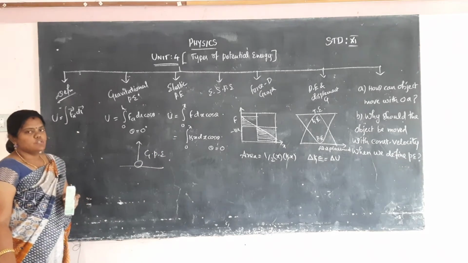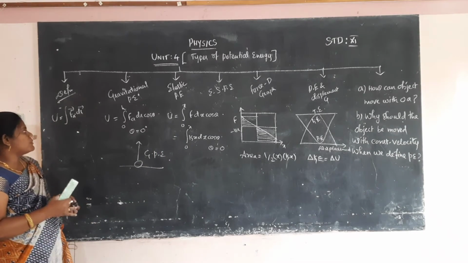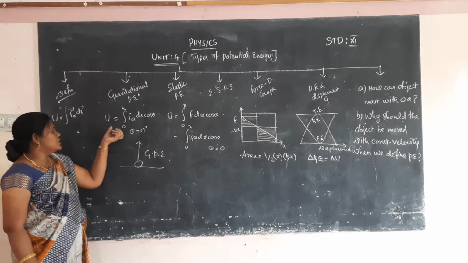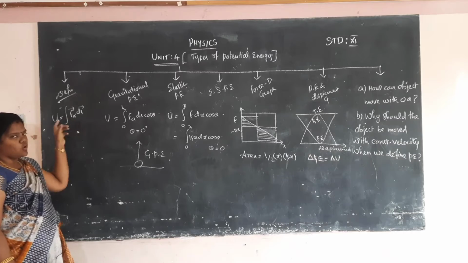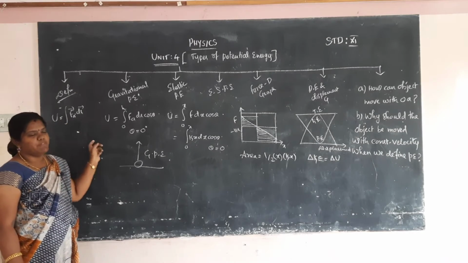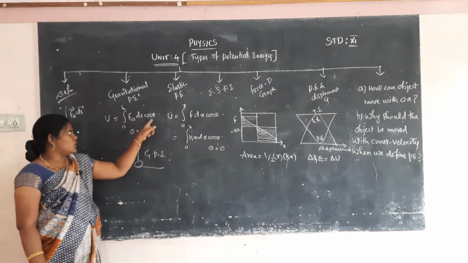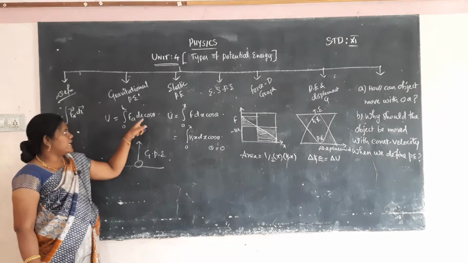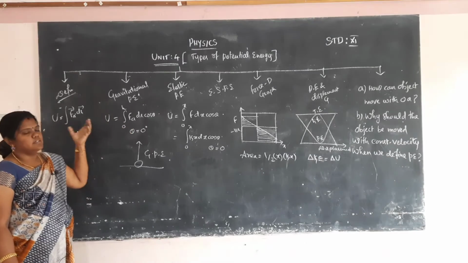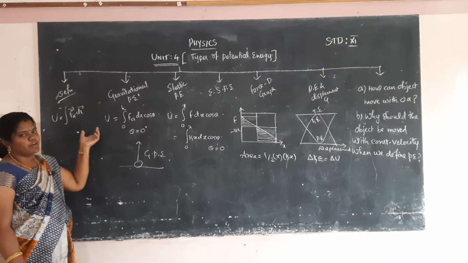The gravitational potential energy formula is also the same: integral of F dot dr, where a vector dot b vector is equal to ab cos theta. So F dr cos theta, clear, is the expansion for the scalar product of two vectors.